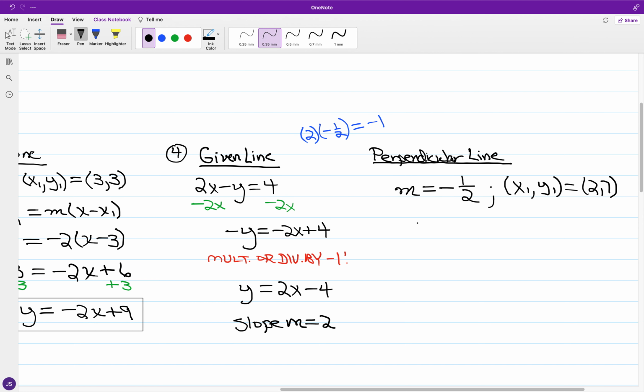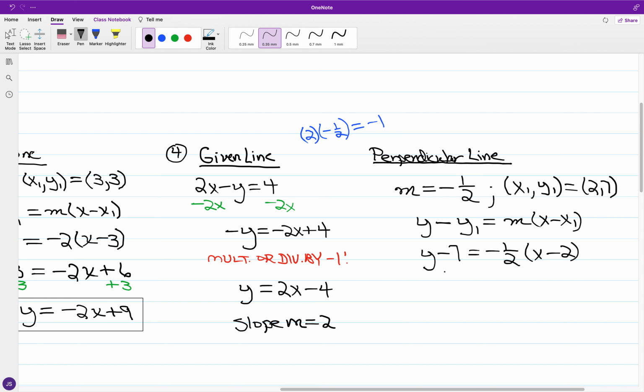And creating once again the slope-intercept equation, we have the point slope pathway again. For y minus y1, so we have y minus 7 is equal to the slope m, which we have at negative 1/2, times the quantity of x minus 2.